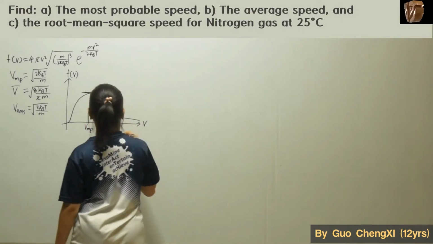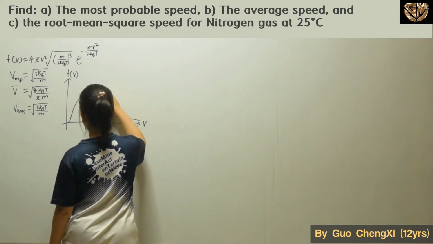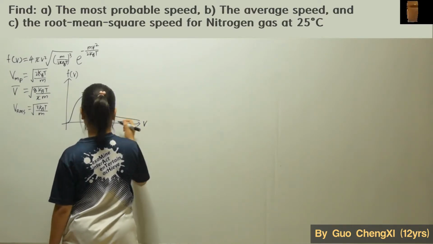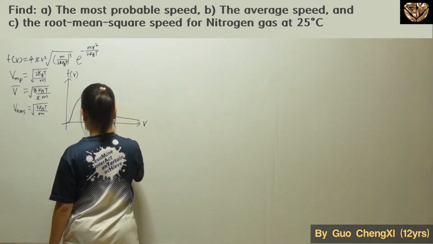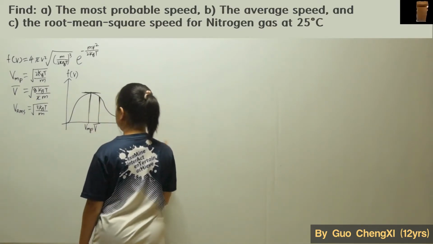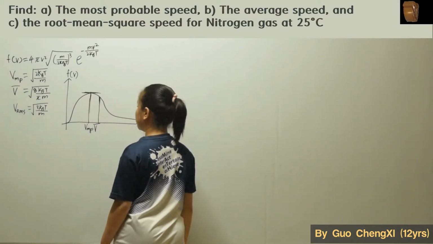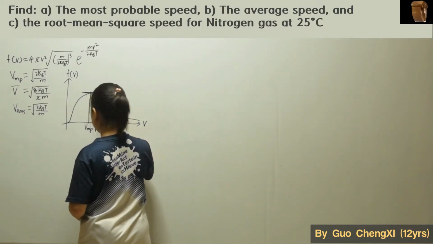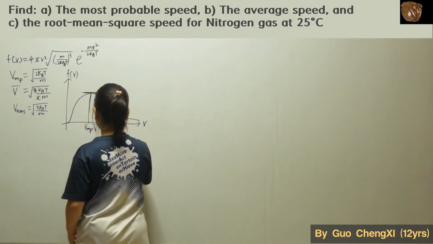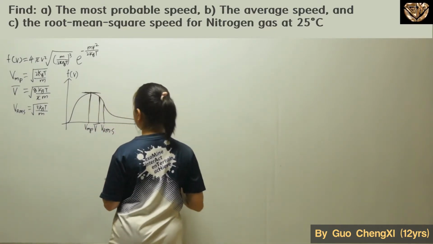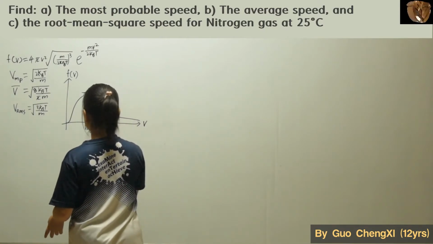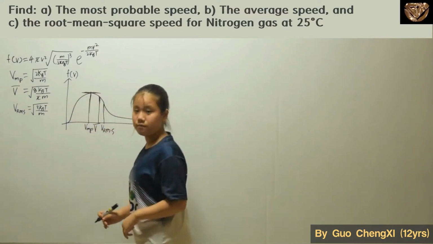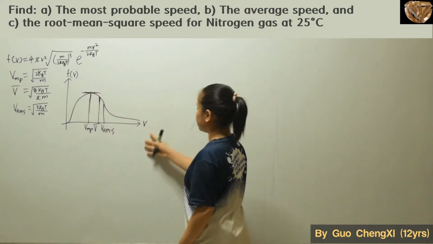Then the average speed is literally what it says, somewhere over here, v with a line above. And the root mean square is the largest one, somewhere over here, v_rms. If you are wondering how I can be so certain which one is smallest and which is largest, you can check previous videos.